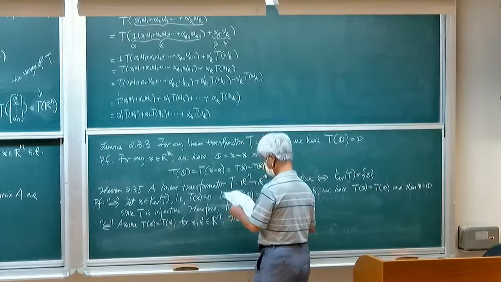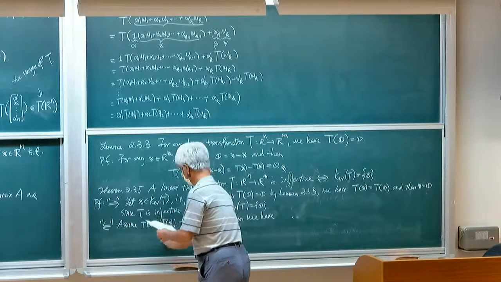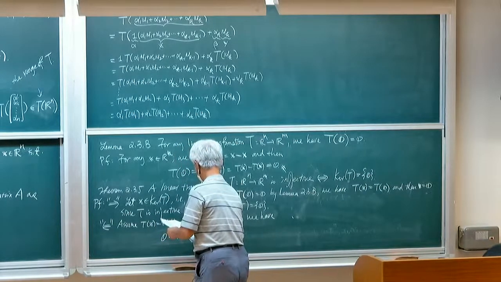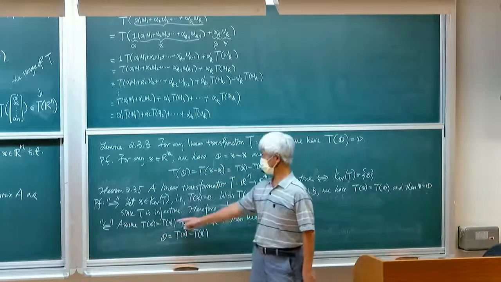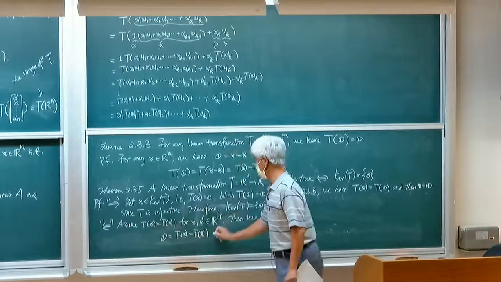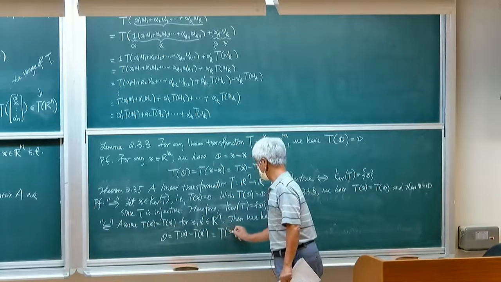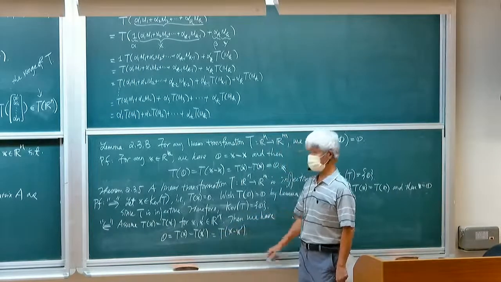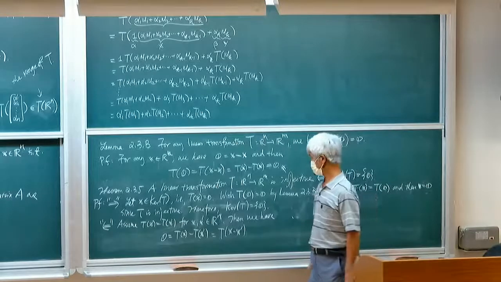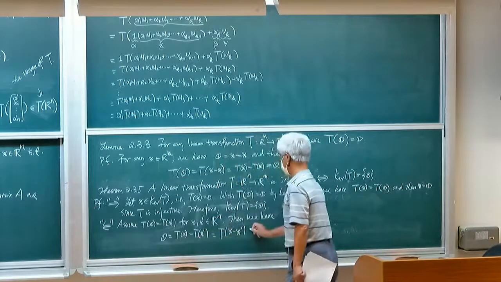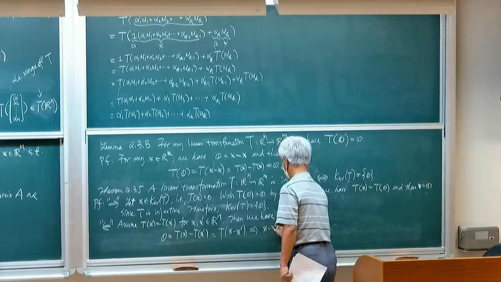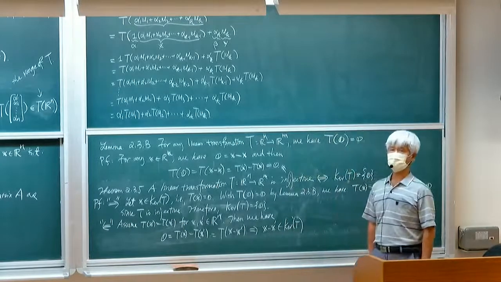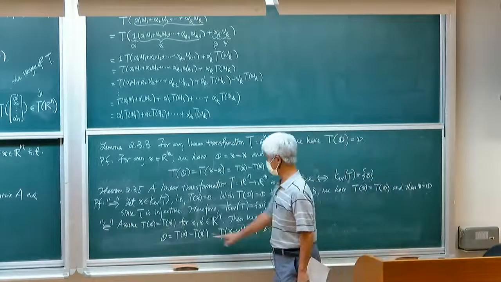Then we have that the 0 vector is equal to Tx minus Tx prime, because they have the same image, right? So the difference is 0. And by the linearity of the linear transformation, this difference is T of x minus x prime. So this implies that x minus x prime is in the kernel of T, because the image of the difference is 0.